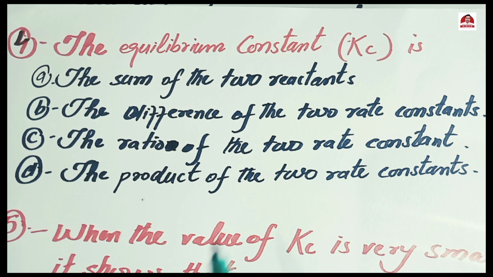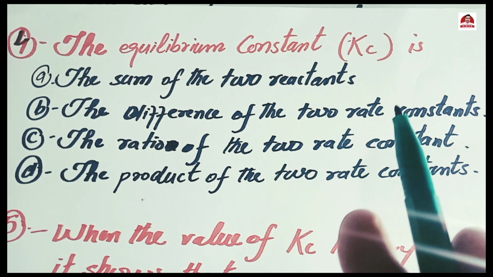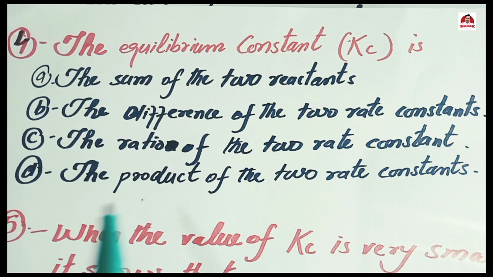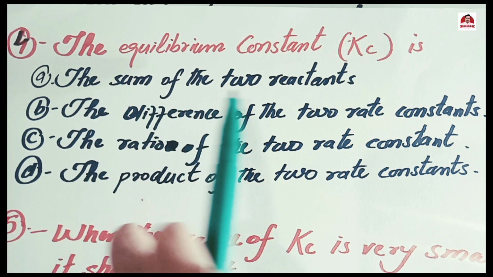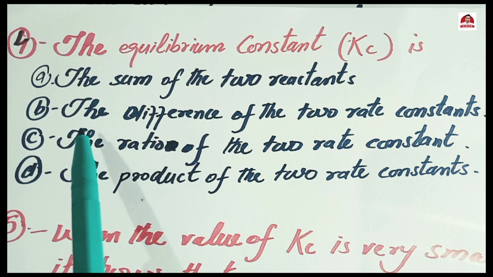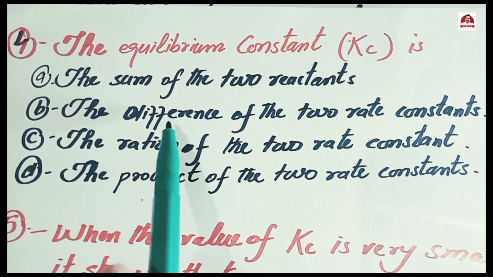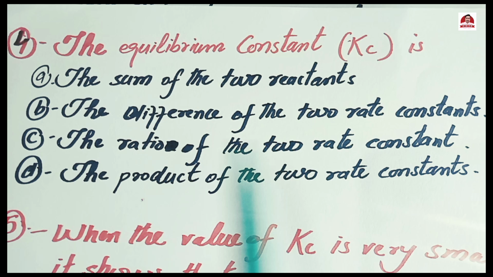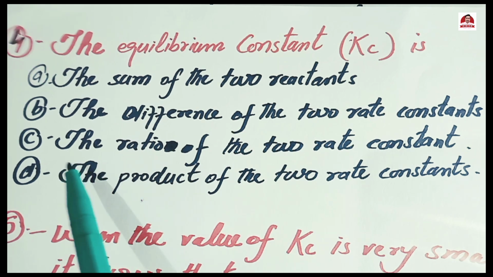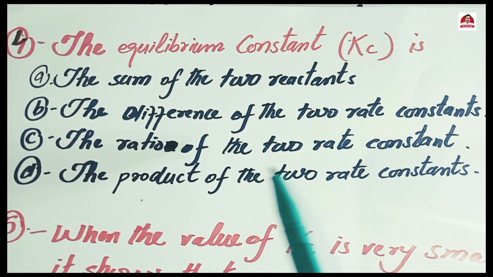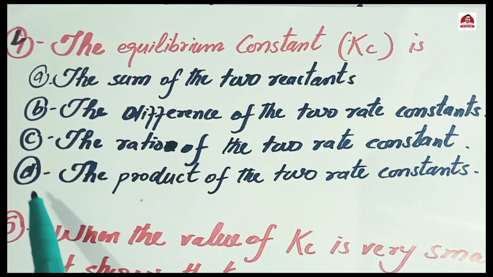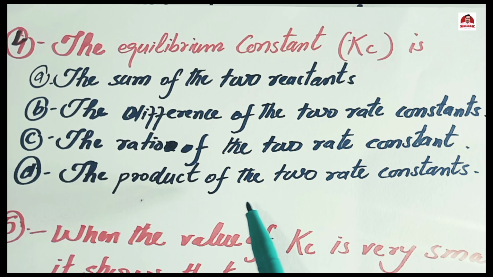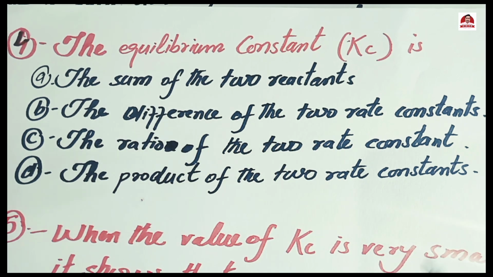The equilibrium constant is: option A, the sum of the two reactants; option B, the difference of the two reactants; option C, the ratio of the two rate constants; and option D, the product of the two rate constants.